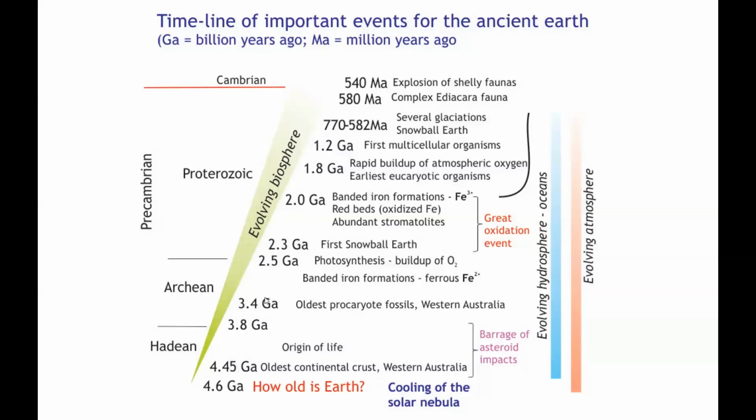And then we get oxygen buildup much later. We have some climatic disturbances with the first snowball Earth, and then much later other snowball Earths. And in the meantime, we start getting some eukaryotic organisms which do have a nucleus in the cell, and then some organisms that have multiple cells as well, including bacteria.